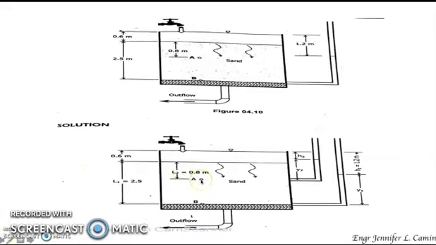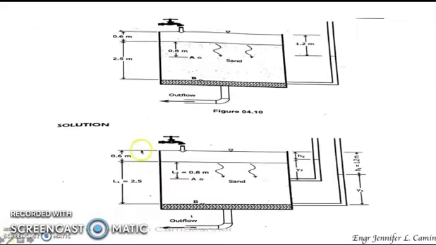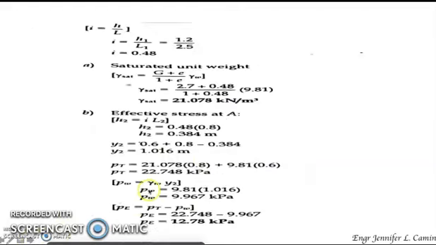Now for our total stress at point A, that is L sub 2 times the unit weight of the sand, 21.078, plus the height of water, 0.6, times the unit weight of the water. So we have the total stress, which is 22.74 kilopascal.